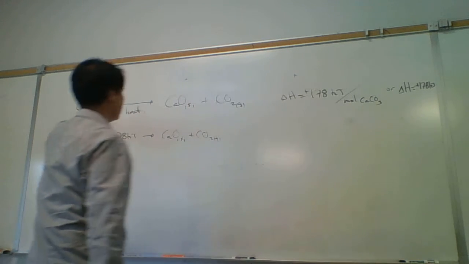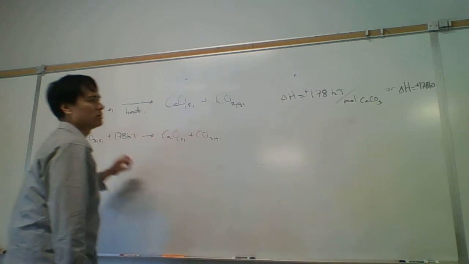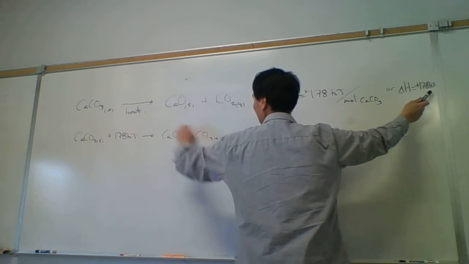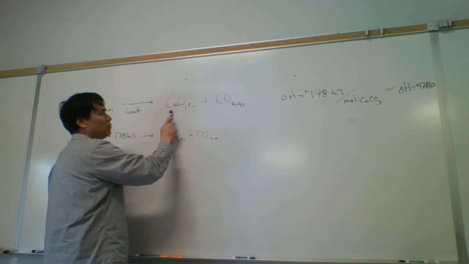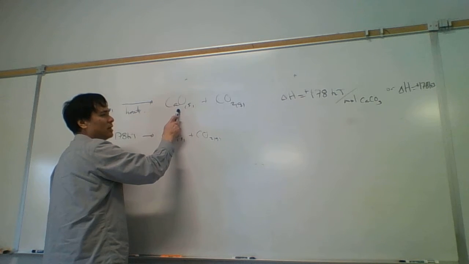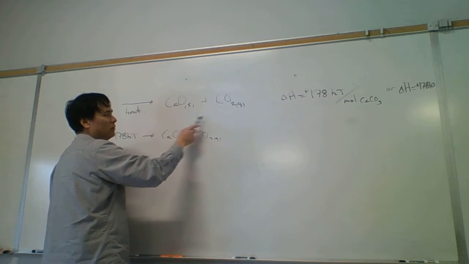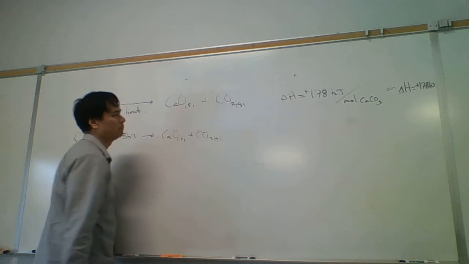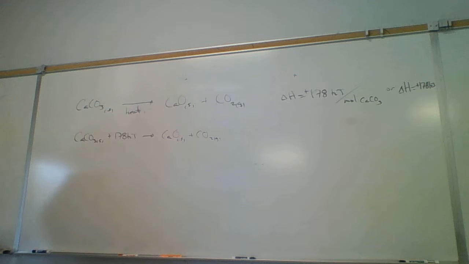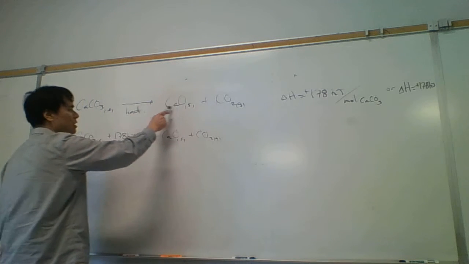So when I look at this equation, I have 1 mole of calcium carbonate, so that's 178 kilojoules per 1 mole of calcium carbonate. But I also have other things. For example, if I wanted to produce 1 mole of calcium oxide, I'd need 178 kilojoules. If I want to produce 1 mole of CO2, I'd need the same 178 kilojoules. So that energy is associated with this equation as written.